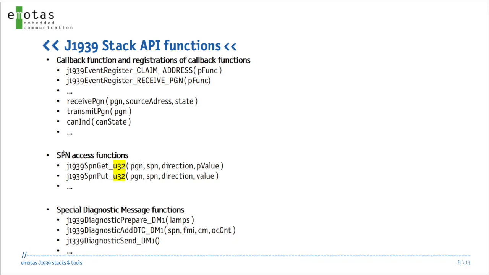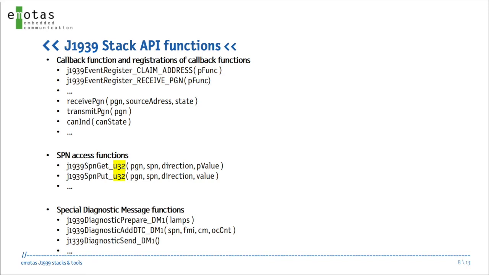Additionally, there are SPN access functions to put or get the value of different SPNs, for example, if you don't like to use variables for them, and we have specific functions for each data type. And we also offer specific functions for diagnostic messages. This example here shows the functions for diagnostic messages 1, but we offer specific functions for each diagnostic message.